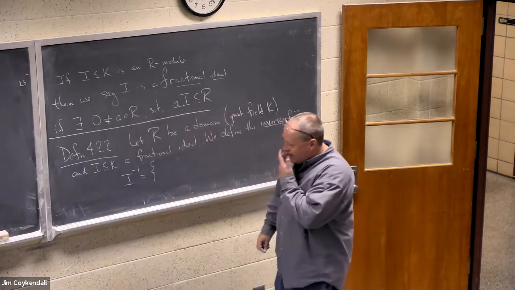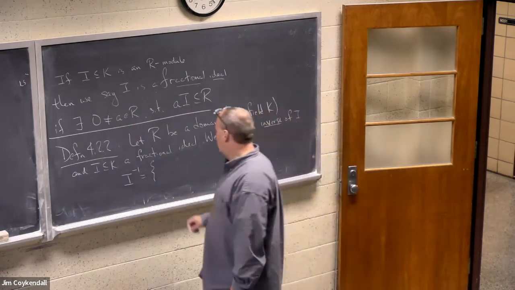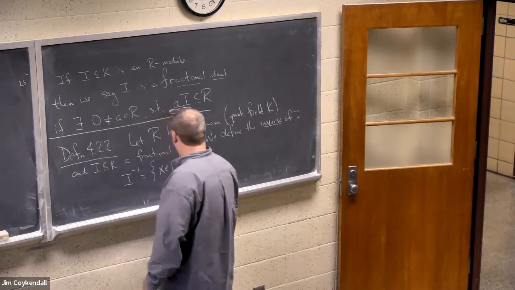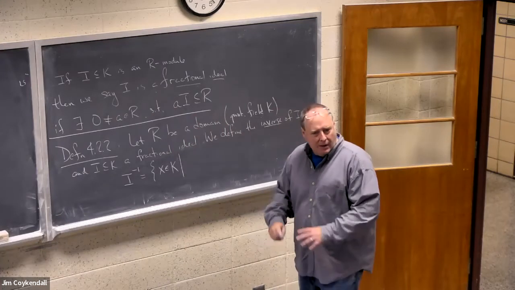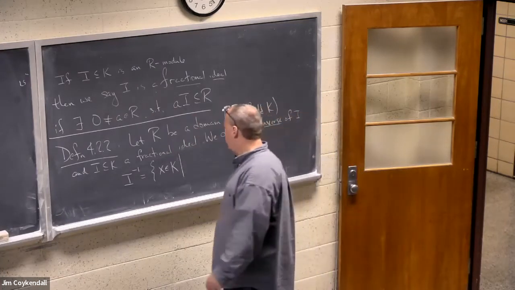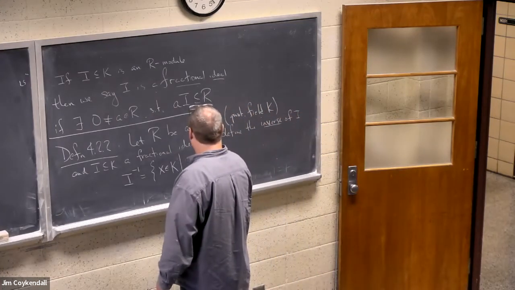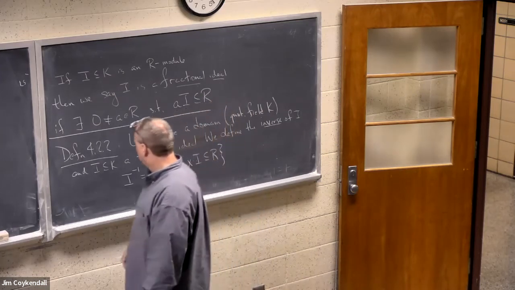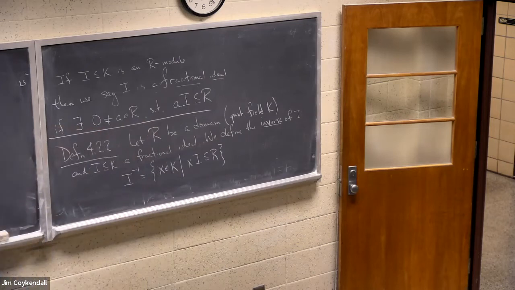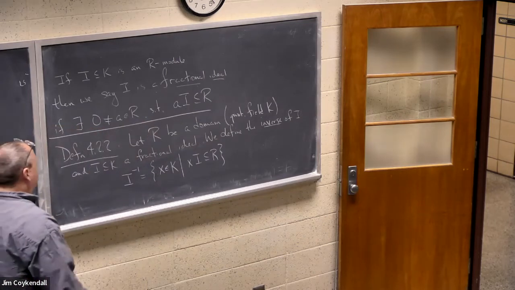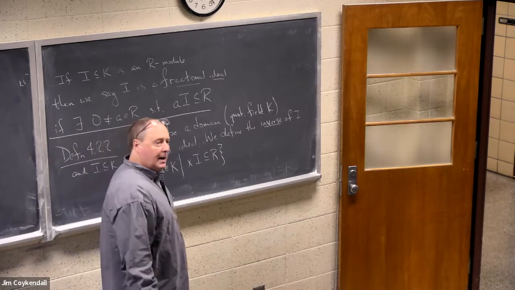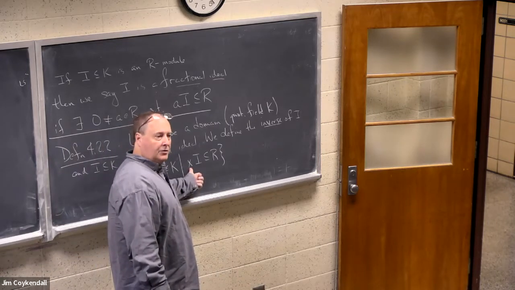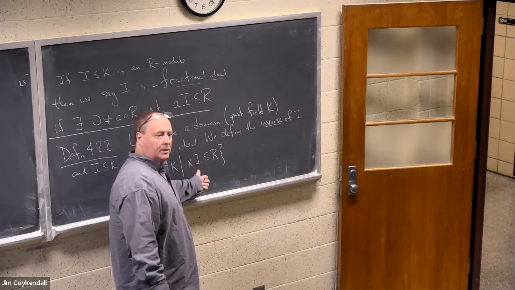Okay, so the inverse of I is going to be a collection of everything in the quotient field. Gather it all up, all the stuff in the quotient field, such that XI is contained in R. So one way that you might think about it is this is a collection of all denominators that you might have, right?